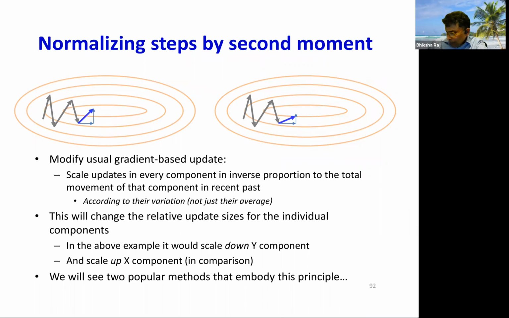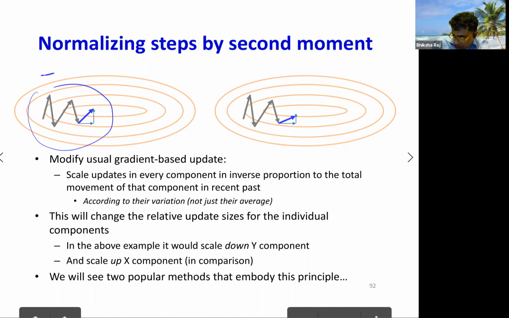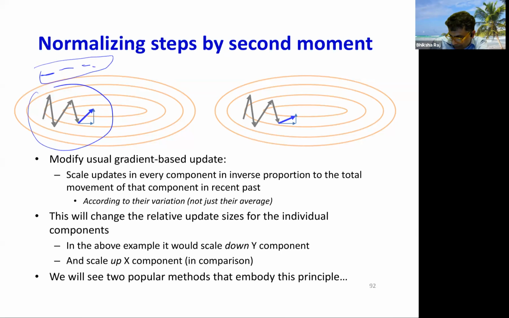At any point, we're going to consider the updates in the recent past and scale the updates for each component in inverse proportion to the total motion in that direction. So if you take this one over here, here the total motion in the x direction is this much, this much, this much, and this much. So it's consistent. So the net movement and the total movement are very comparable. Whereas if you look at the y direction, it's this much, this much, this much, this much. But the net direction, total movement in y is very small, right?